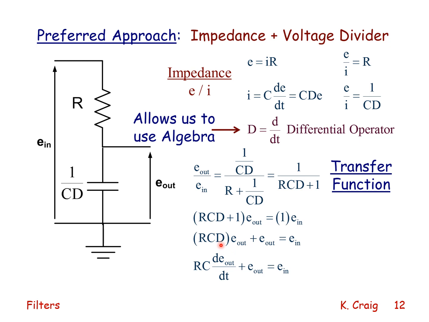Then I use the differential operator and express it as d/dt, and I have RC dE out/dt plus E out equals E in, which is the first order constant coefficient linear ordinary differential equation. I obtained it by first obtaining the transfer function and then obtaining the differential equation from that transfer function. I can also go backwards and get the transfer function from the differential equation.